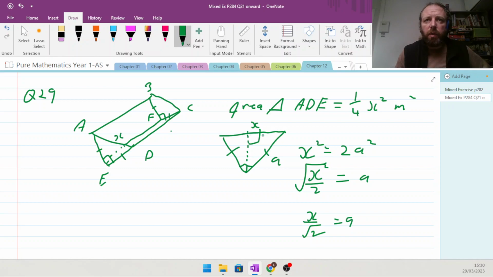So we know that's cut in half there, so that's a half x. Let's just double check it all through. Let's work out what b is here. So we've got x squared over 2 is equal to x squared over 4 plus b squared.